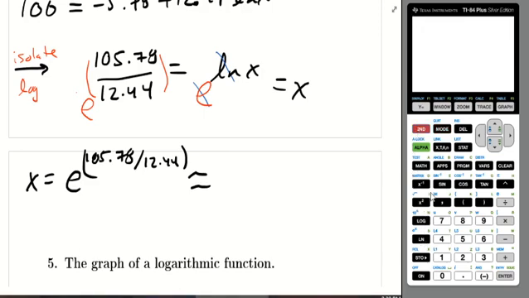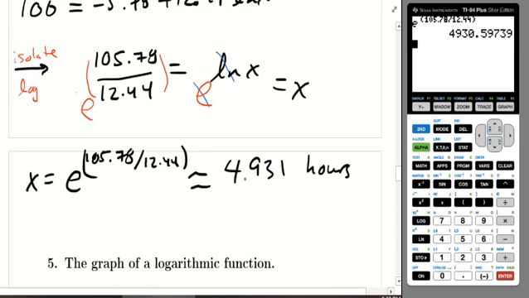Second, e to the power, make sure you put the power in parentheses, 105.78 divided by 12.44. Oh, close to 5,000. So it's about 4,931 hours, if I round to the nearest hour.